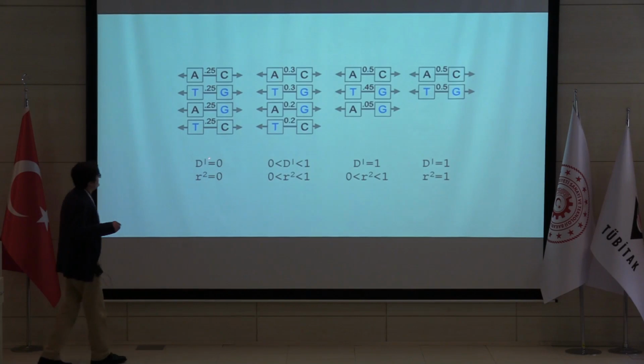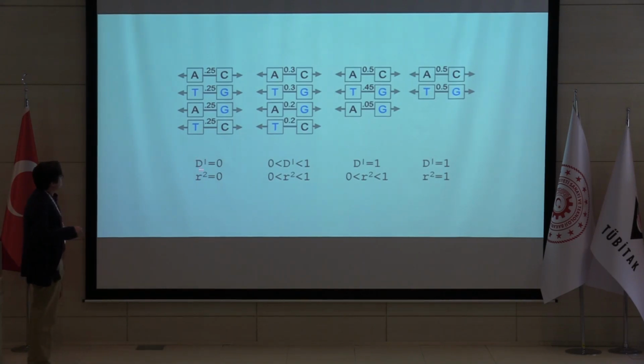Usually, it's convenient to use the measure D prime, which normalizes by the greatest possible D given the frequencies. So basically, what D prime measures is whether the haplotypes are completely linked or broken. In the case of complete equilibrium it is 0, in the case of complete linkage it is 1.